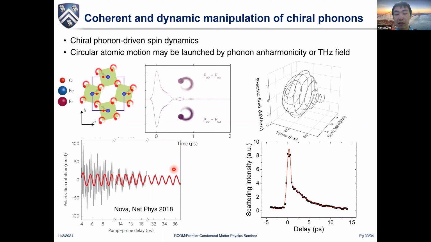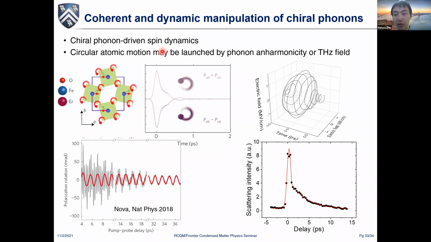So the phonons are random, and the populations are low. So the big question within this field is: is it possible to have a lot of chiral phonons that drive some effect, especially the spin dynamics?